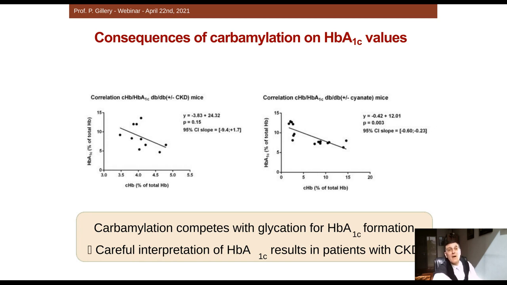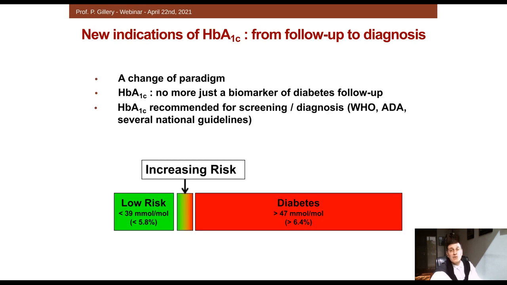And here we have plotted HbA1c values against carbamylated hemoglobin values in two models of mice. And we demonstrated that when carbamylated hemoglobin increased, HbA1c decreased. Thus, carbamylation competes with glycation for HbA1c formation, and thus the interpretation of HbA1c results in patients with chronic kidney disease must be very careful.